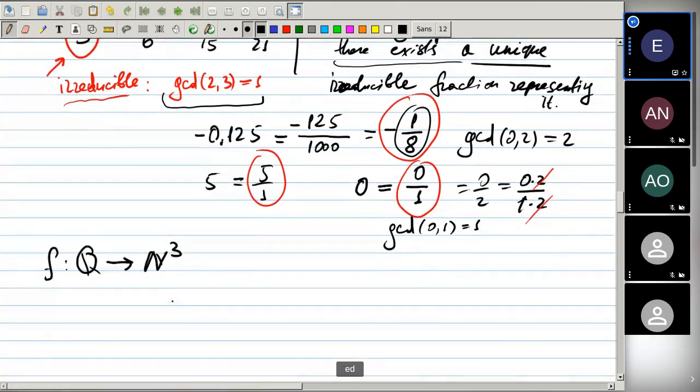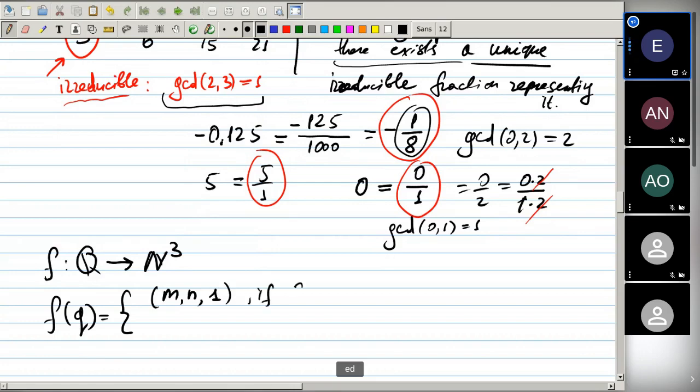It takes one rational and maps it to a triplet. It proceeds the following way. F of q equals what? It will equal m, comma, n, comma, say 1. It doesn't matter whether it is 1 or something else.